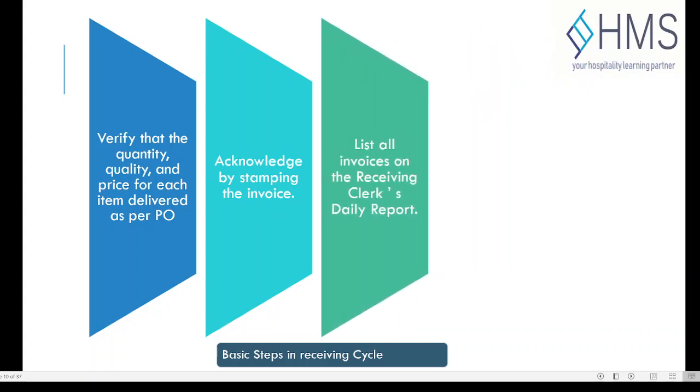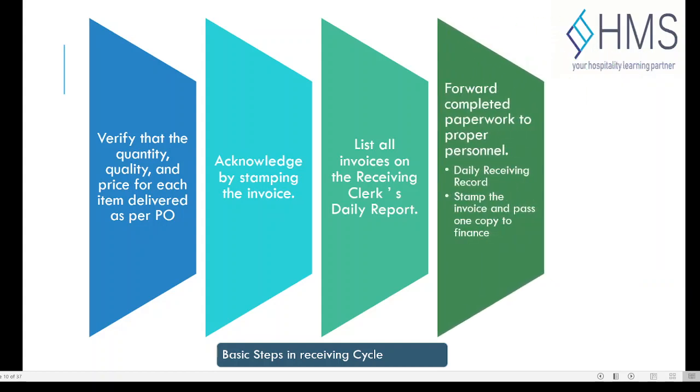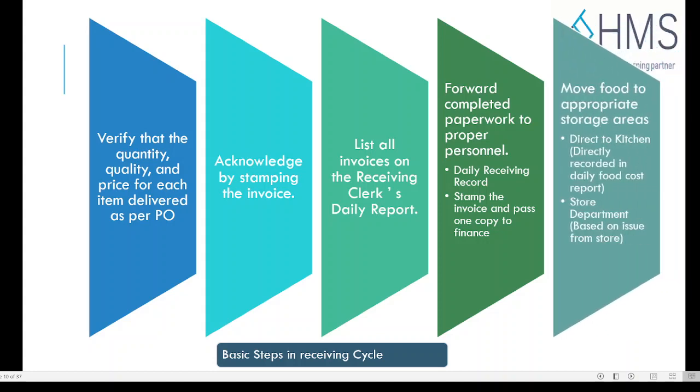Then normally the receiving staff will list all the invoices in their daily report and pass the paperwork on to the accounts payable department. Before that, it has to be cross-checked by the cost controller, and then passed on to the finance department for processing, right?